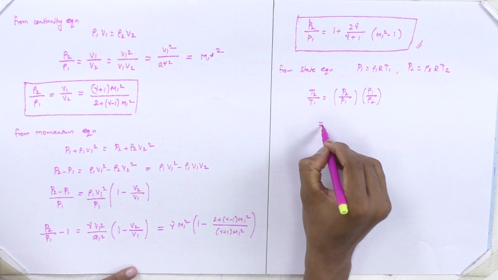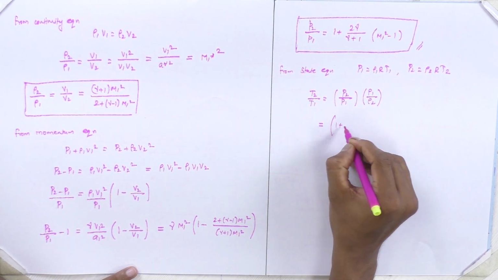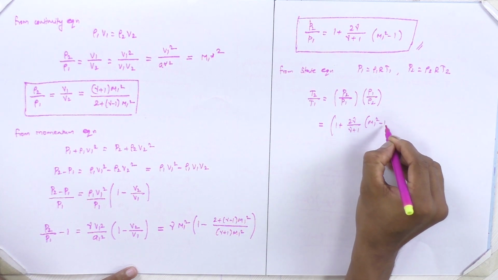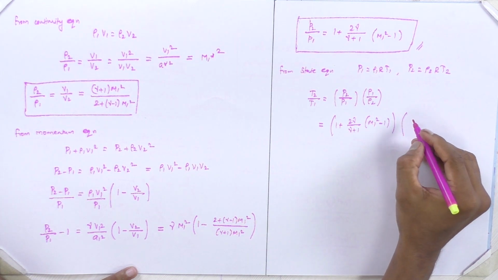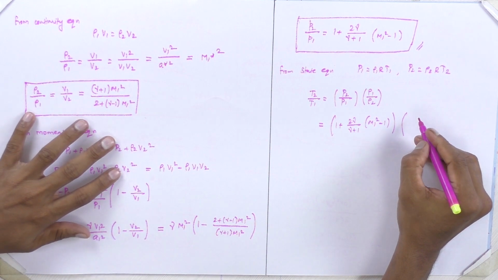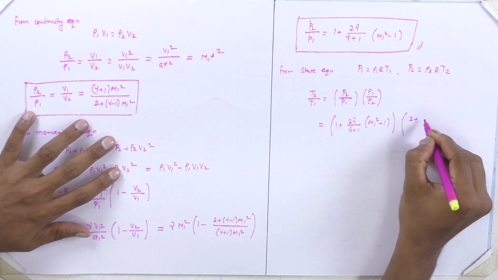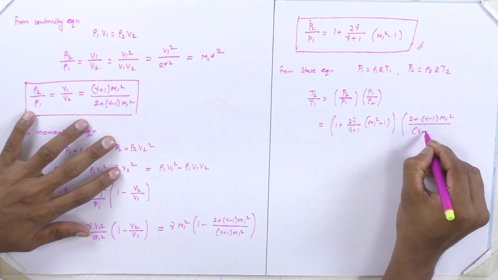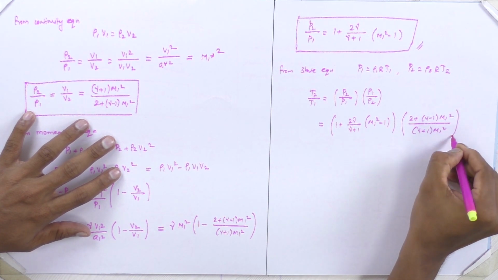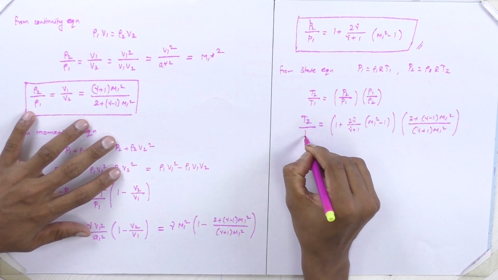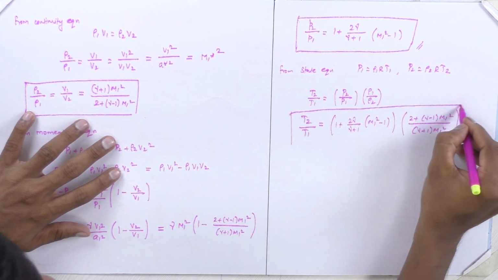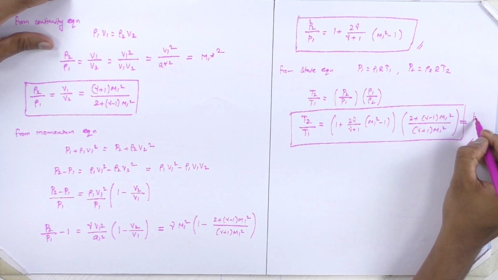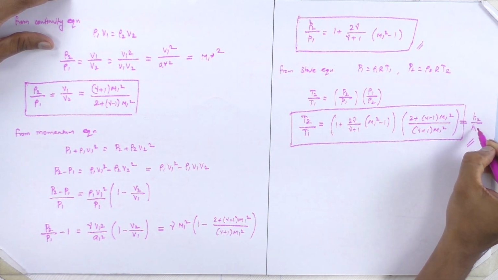So this will be equal to 1 plus 2 gamma by gamma plus 1 into (M1 square minus 1) into, rho 2 by rho 1 is 2 plus (gamma minus 1) M1 square divided by (gamma plus 1) M1 square. So here T2 by T1 is also a function of upstream Mach number. This temperature ratio is also equal to the static enthalpy ratio for a calorically perfect gas.